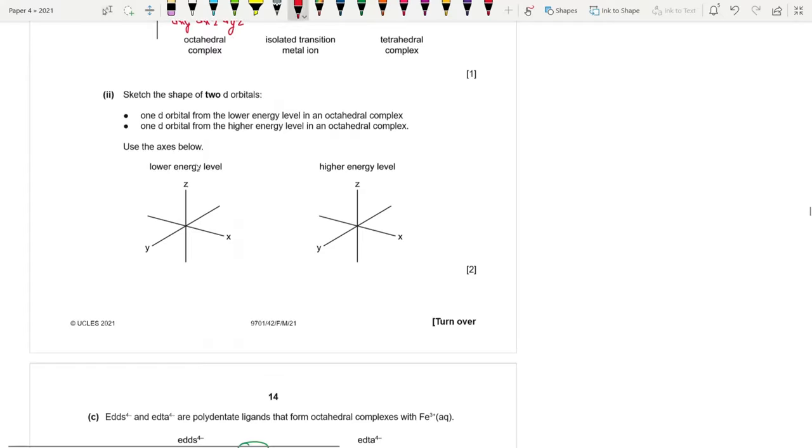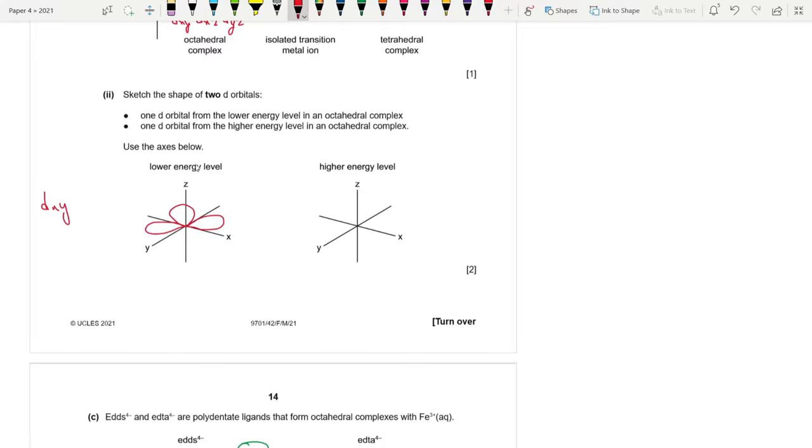So why don't I draw dxy? These orbitals are actually in between the x and y axes. Essentially, it's between the axes.